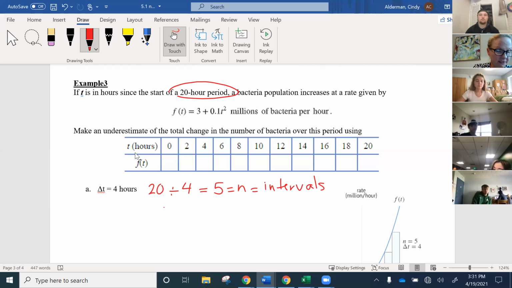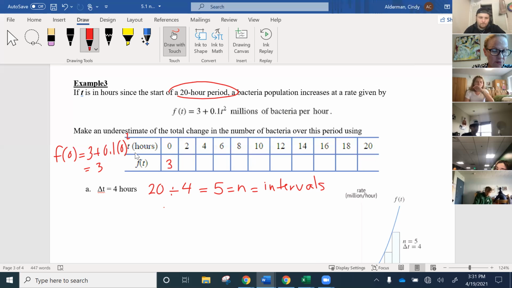So what we're going to do is fill in, and I'll show you, f of 0 equals 3 plus 0.1 times 0 squared. So if you put that in, obviously you just get 3, right? Because anything times 0 is 0. So that's where I'm getting that. We would do that same thing for every 4 hours. So the next interval would be at 4 hours, right? From 0 to 4 is 4 hours. So now we're interested in f of 4.